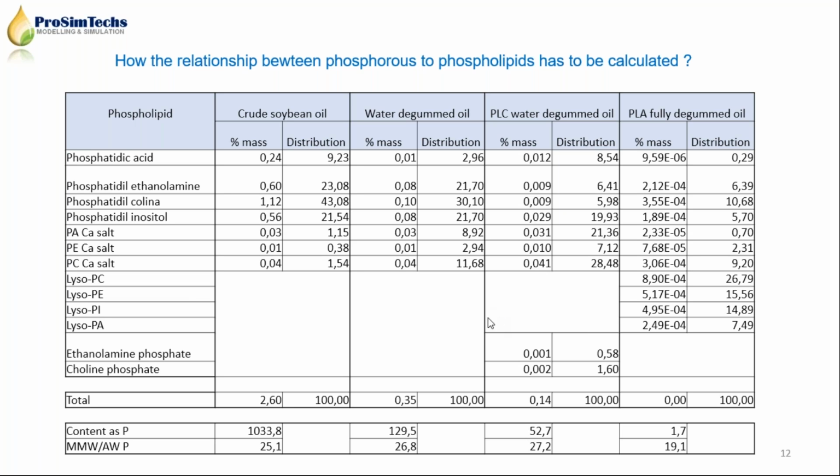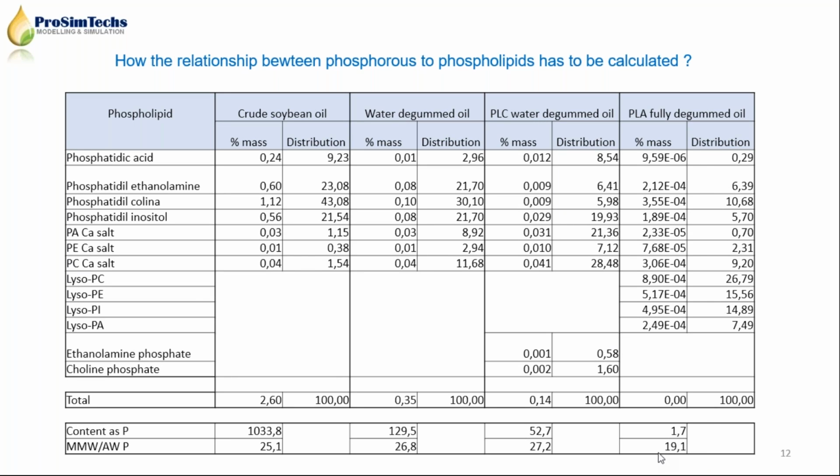Now, if we see the ratio for water degummed oil, it is around 26.8, since we have a higher concentration of phospholipid salts than before. But anyway, the number is still below 30. And now, if we see the same ratio for a fully enzymatic degummed oil, the ratio is below 20.